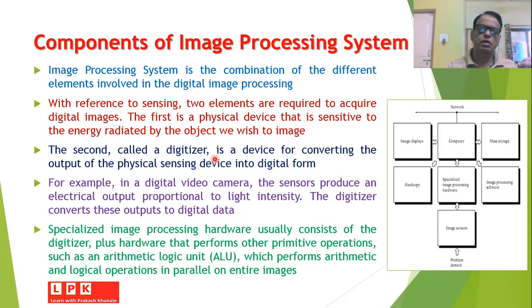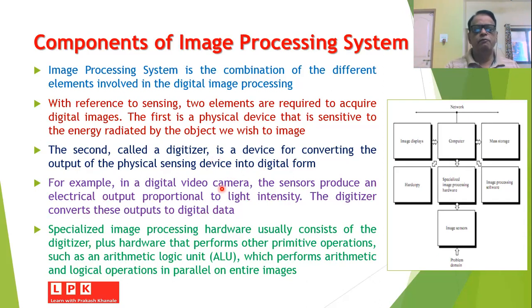So whenever you want to capture any event or any image, at least these two things are required. The first is the physical device through which you can sense the image, and the digitizer, which will convert the output of the physical device into appropriate digital form.